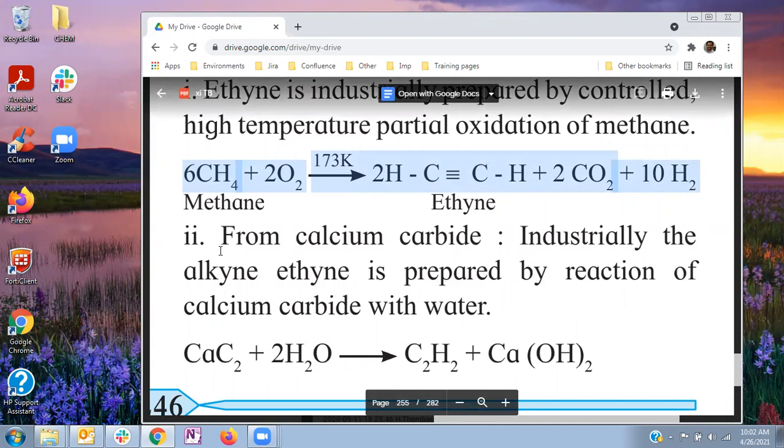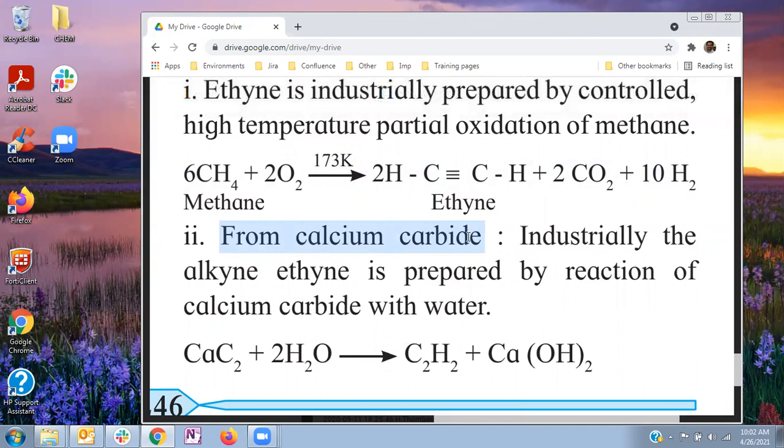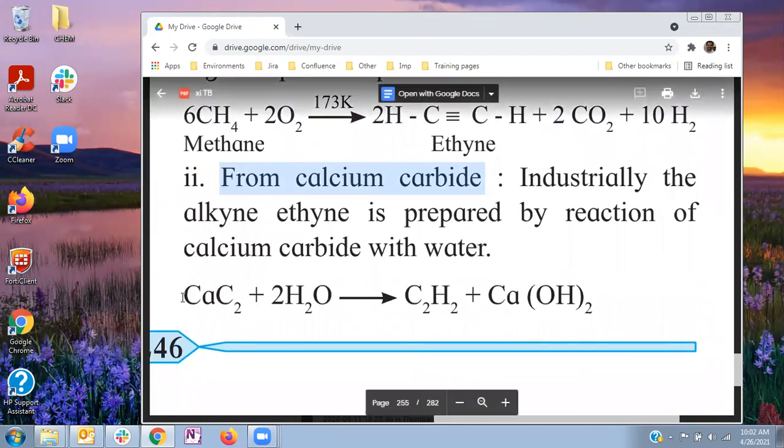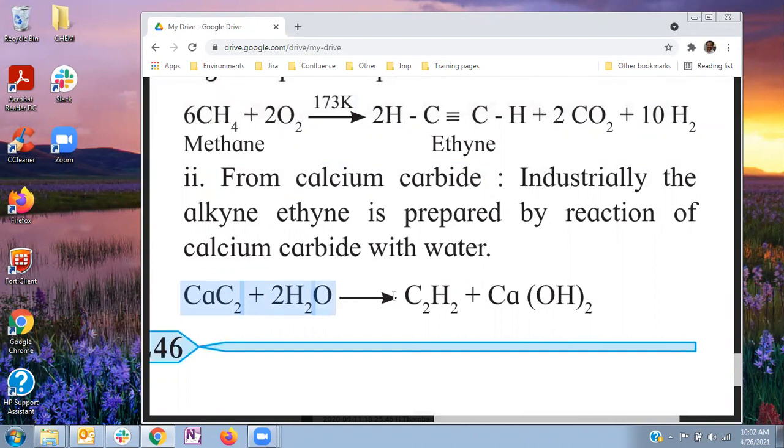Second is from calcium carbide. Calcium carbide is CaC2. Industrially, ethyne is prepared by reacting calcium carbide with water. Calcium carbide, CaC2, when treated with two molecules of H2O, is converted into CH triple bond CH, that is acetylene, and calcium hydroxide is given out as a side product.